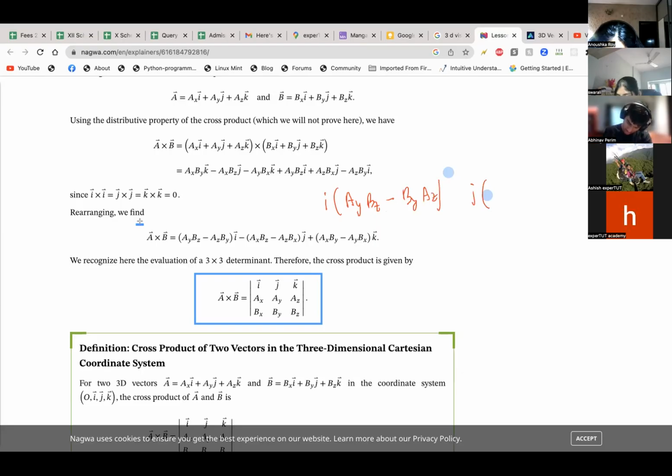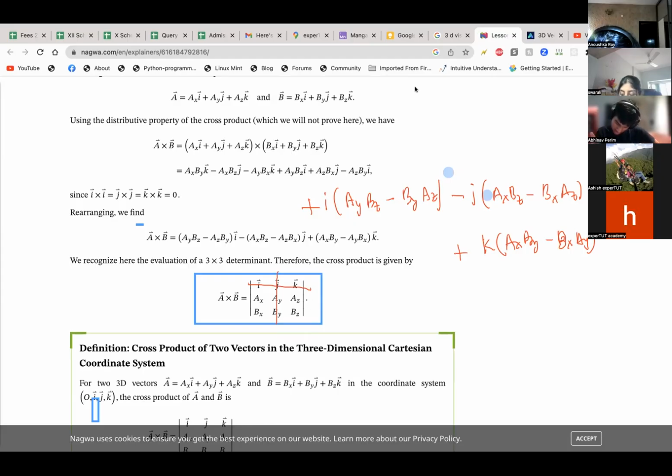But then j times (AX BZ minus BX AZ). And then k times (AX BY minus BX AY). And then you say plus minus plus. Write this quickly. For the j term, we do it like this: hide the j column. What remains? AX, AZ, BX, BZ.